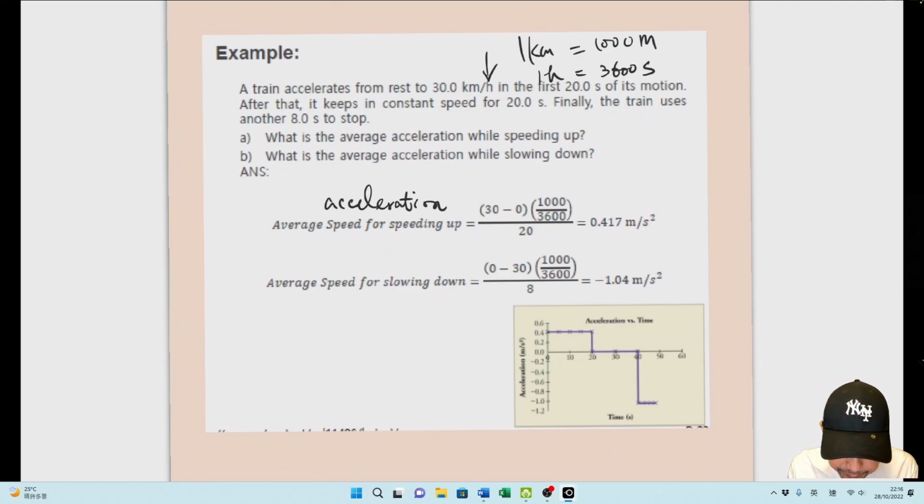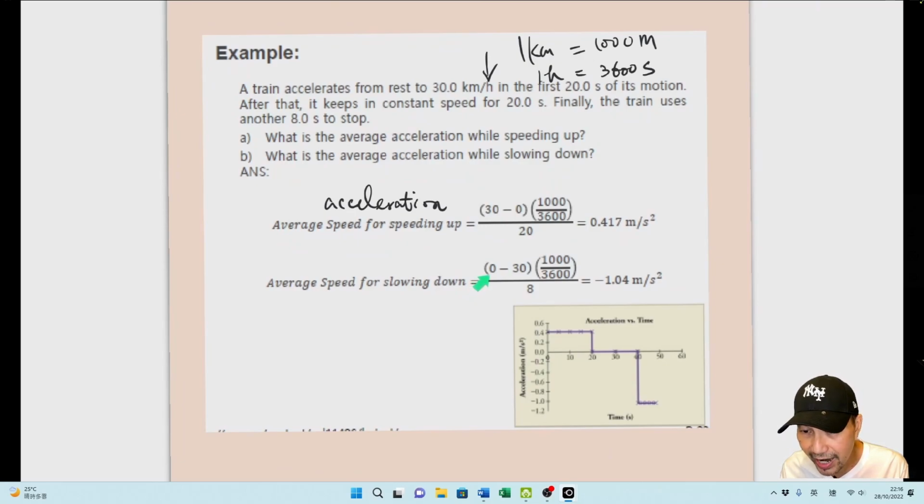In part B, what is the average acceleration while slowing down? Actually, it is not acceleration, it should be deceleration. The train keeps a speed of 30 for a while and then slows down to rest.